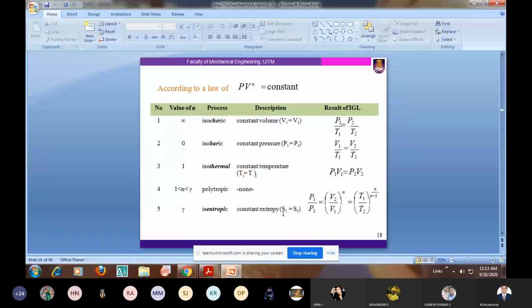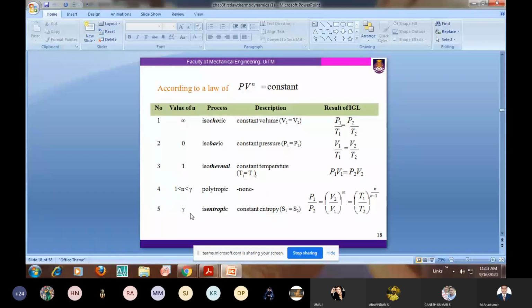Then we can have the equation as P1 by P2 equal to V2 by V1 power n. Then in terms of temperature, T1 by T2 power n by n minus 1. So this is for the polytropic process.